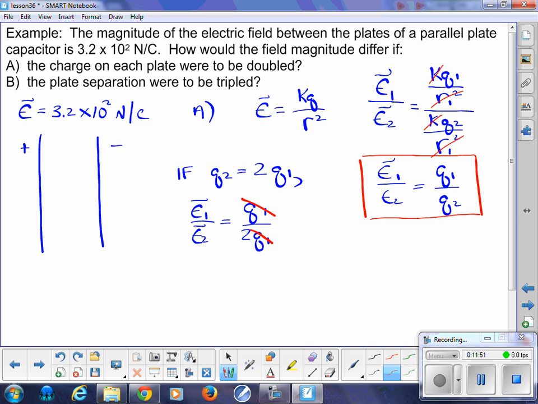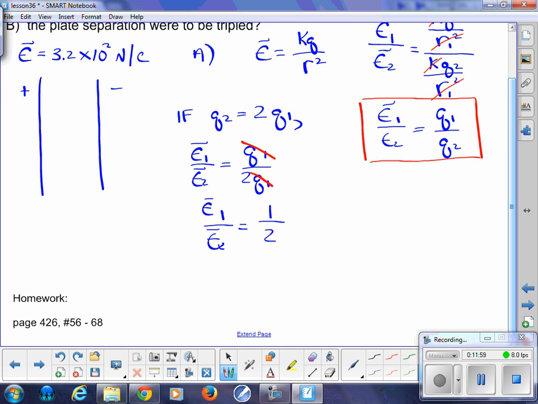So we'd end up with 1 over 2. Simplifying, we find that E2 is going to be twice E1. So if we double the charge, we double the strength. That's what that relationship tells us. Therefore, strength is doubled.